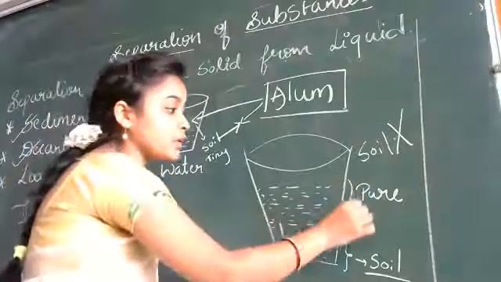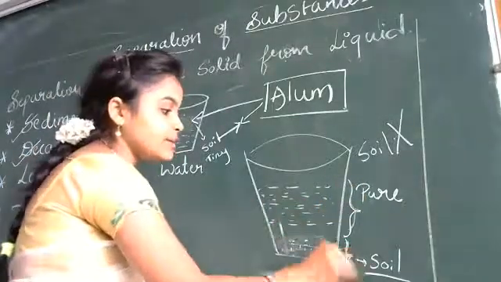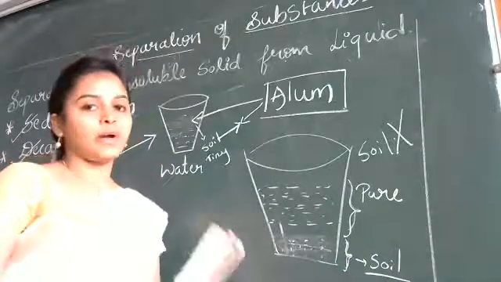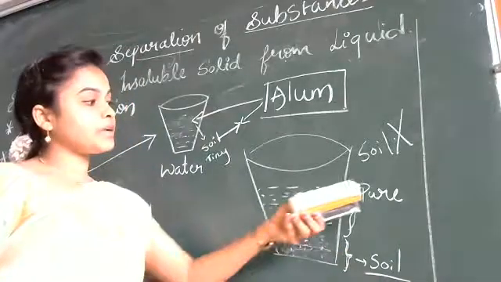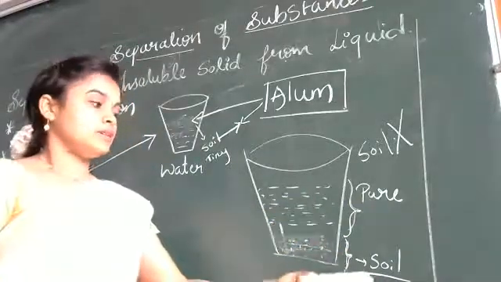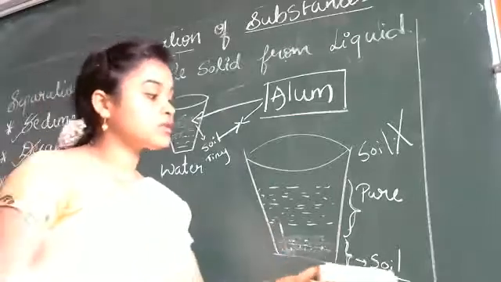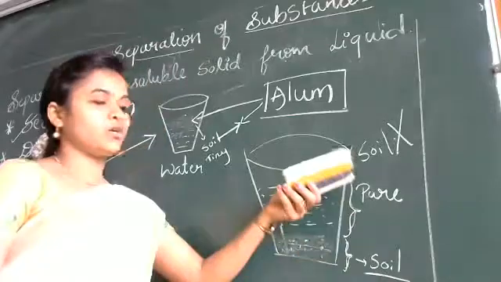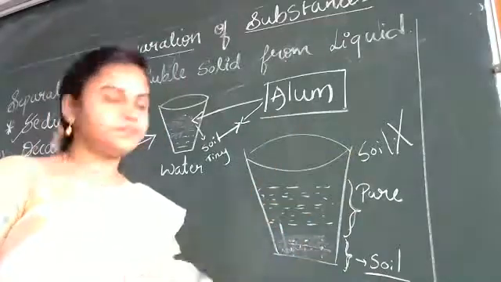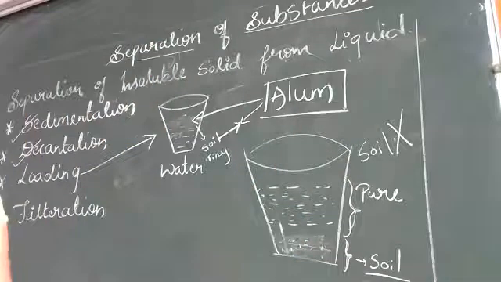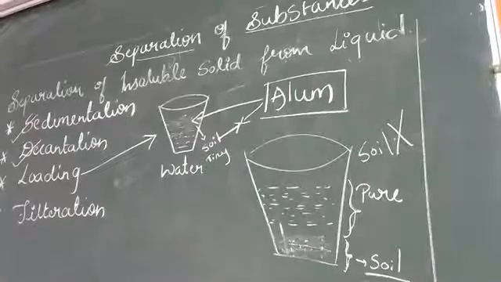Later on, we get pure water and separately the soil particles. So in this way we separate insoluble solid from the liquid mixture. Understood? Now let us move to filtration.